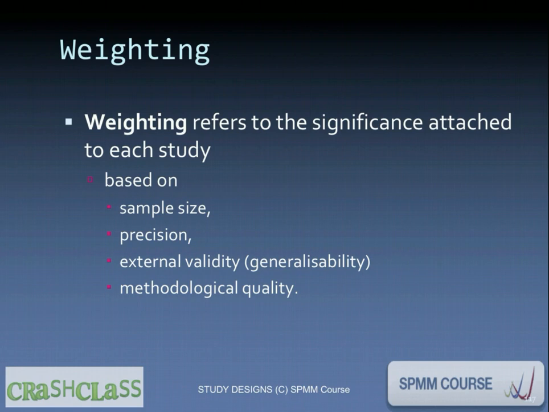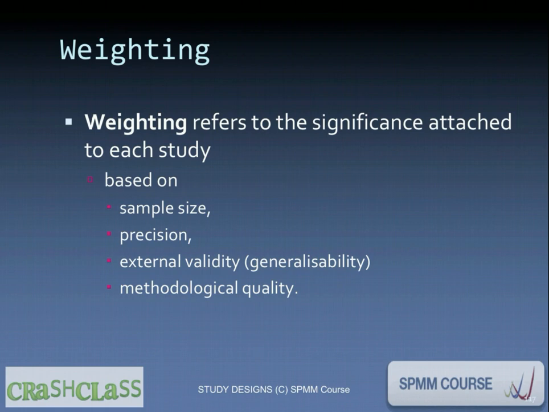External validity. If a study is very pragmatic, you might decide to give more weight to the pragmatic trial. An externally valid trial could get more weightage. Finally, methodological quality. If a study is really well conducted, let's say a triple blind RCT, that might get more weighting than a double blind RCT.